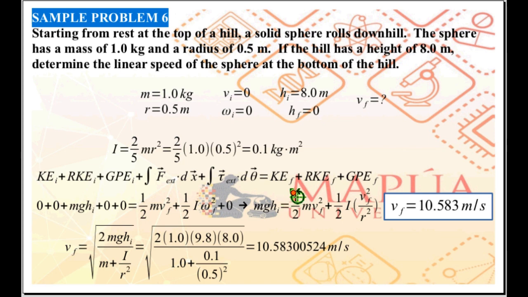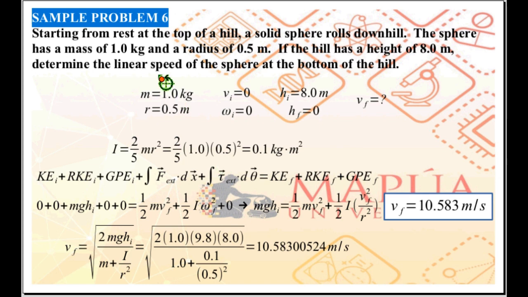Final kinetic energy is 1/2 m v final squared. We are looking for v final. Final rotational kinetic energy is 1/2 I omega final squared. And final height is 0. Therefore, final gravitational potential energy is 0.